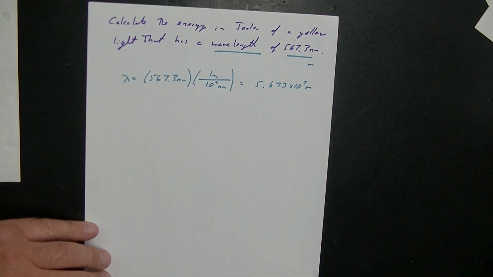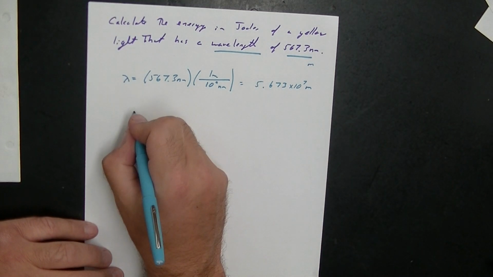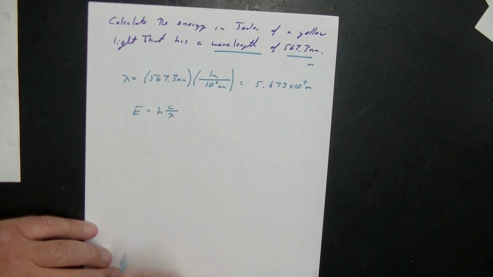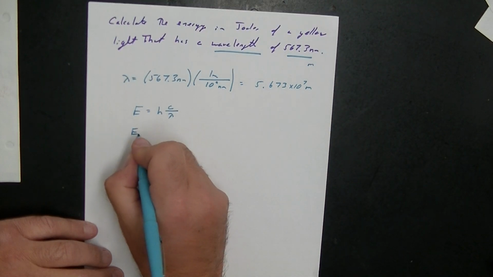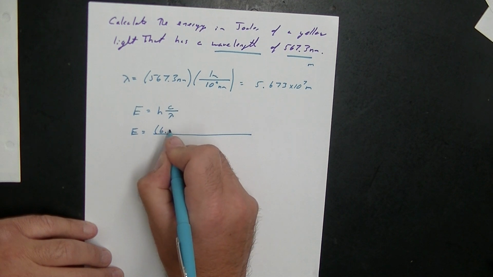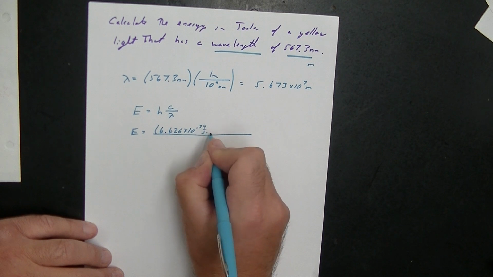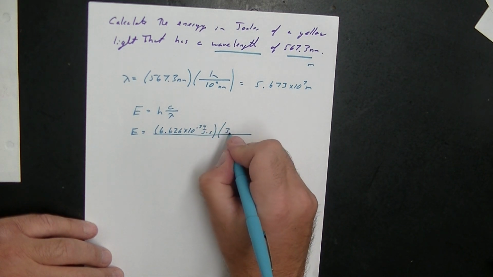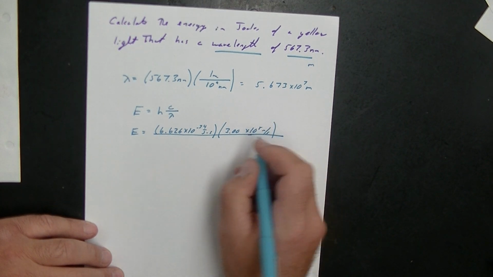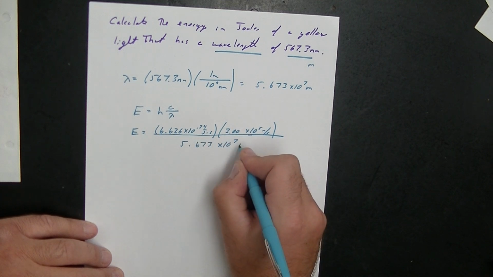Okay, so I want to know the energy in joules, and that's of 1 photon. So now I can use E equals Planck's constant times the speed of light over wavelength. 6.626 times 10 to the minus 34th joule seconds times 3.00 times 10 to the 8th meters per second, all over 5.673 times 10 to the minus 7 meters.